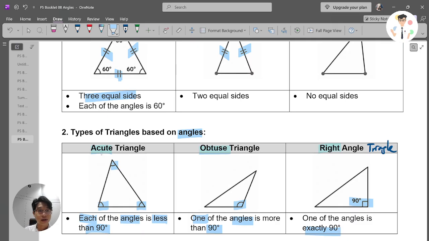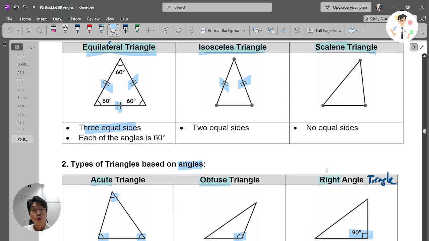Again, acute means each of these is less than 90. Obtuse means one of these is more than 90, and right angle is exactly 90. These are some of the basic terms that you should know.